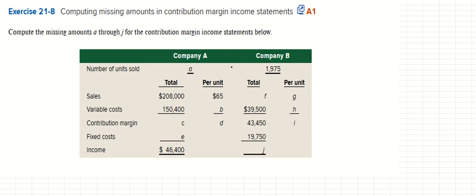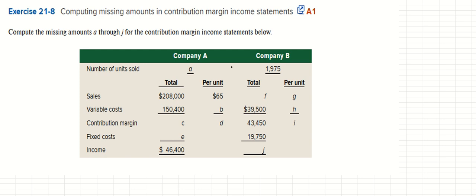However you want to do it or wherever you want to start is up to you. But I'm going to start off by filling out the missing pieces that the provided information allows me to complete. So I'm going to start with the contribution margin for company A.